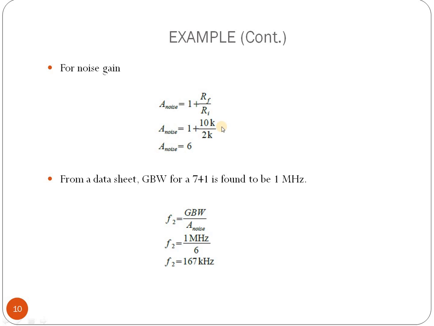From the datasheet, as I said previously, the gain bandwidth is 1 megahertz for a 741 op-amp, and A noise is 6, so F2 equals 167 kilohertz. This is the break frequency, because we need all this data to sketch the frequency response curve.